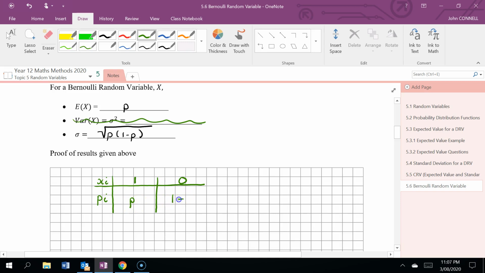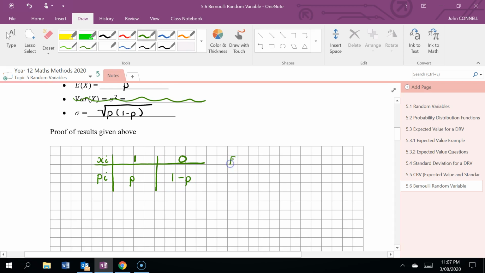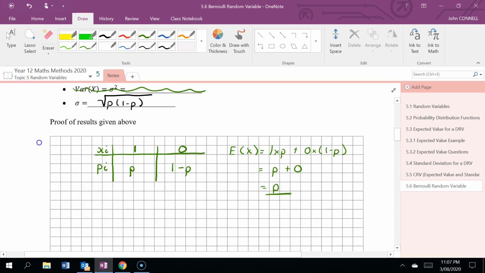The probability of 0 is 1 take P. Working out the expected value, it's 1 times P plus 0 times 1 take P. 1 times P is just P, and 0 times anything is 0, so it's P plus 0, which is P. That shows the expected value of this variable is P.